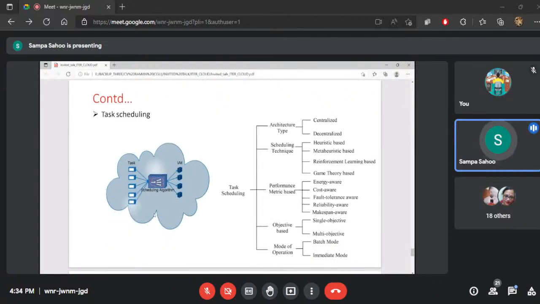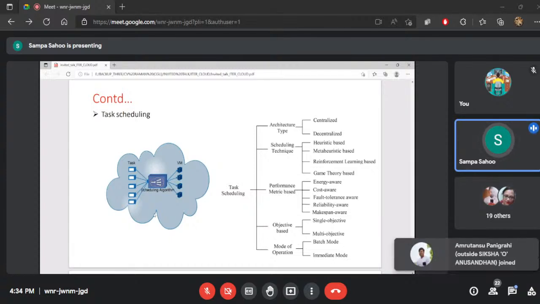Another way by which you can reduce the power consumption is task scheduling. Task scheduling means whatever tasks or applications need to run in the virtual machines should be distributed in such a manner that they use fewer virtual machines, so that the power can be reduced.